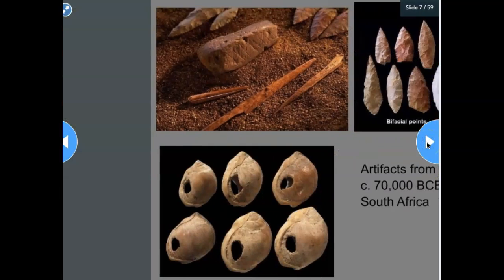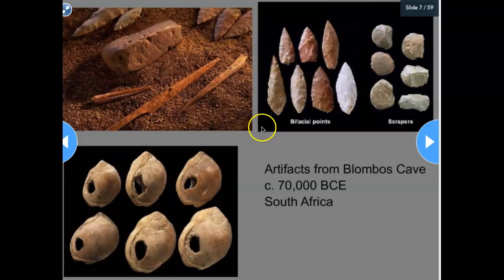The other thing that's interesting is that on this archaeological dig in South Africa, from about 70,000 BCE, we found these shells, which are really beautiful. And we think that these were used for decoration. You can see the markings here on the tools, the markings on the stone, and that perhaps necklaces were made.